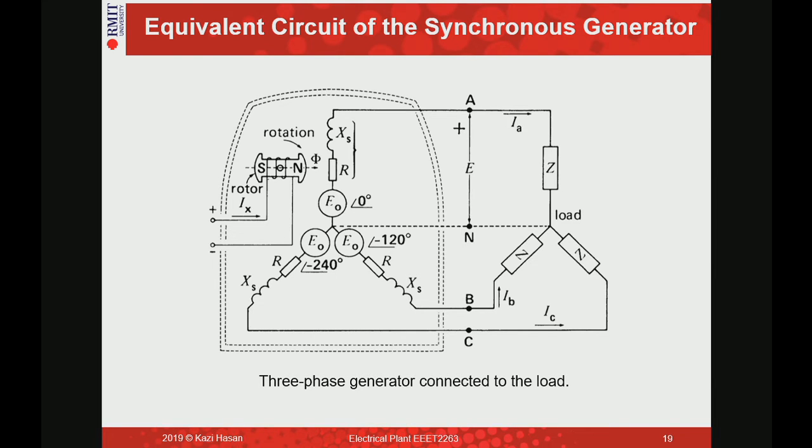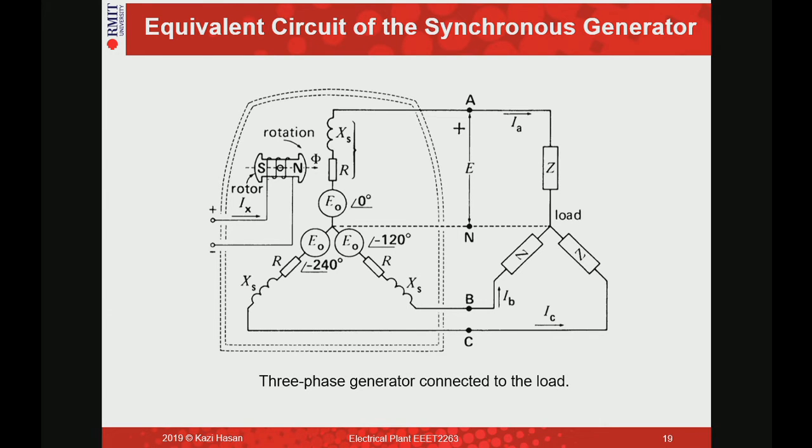It is so small that usually in a synchronous generator we will neglect the effect of R here, and we will represent this part only by XS. We will neglect R, unless we want to calculate the efficiency or the heat impact of the machine.